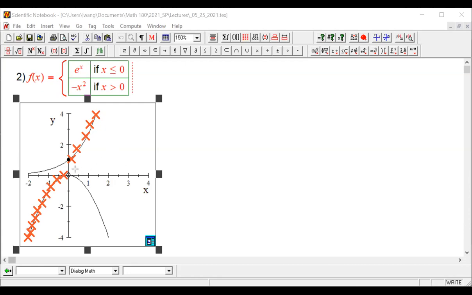On your paper, I want you to take your eraser and erase this piece that I cut out. I cannot cut them out right now. You guys see that? So erase this piece and that piece. This is a two-piece function. Got it?